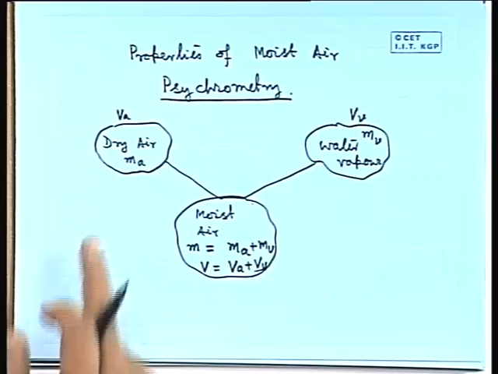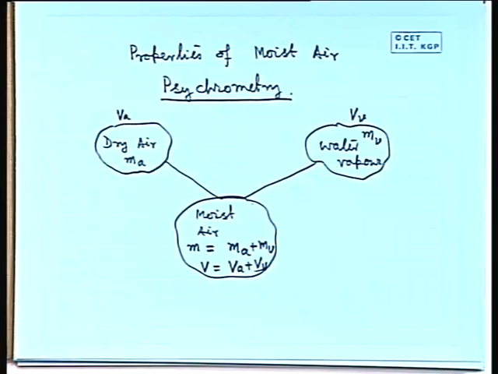What is important is that water vapor as well as dry air are both in gaseous state, and at low pressure both behave like ideal gas. For our air conditioning application, what is the pressure range? Atmospheric pressure, sometimes slightly above or below atmospheric pressure.